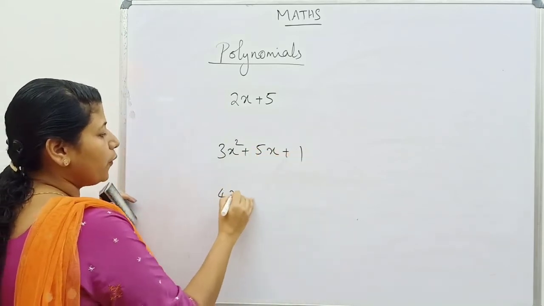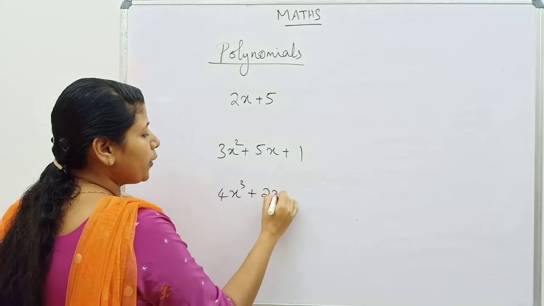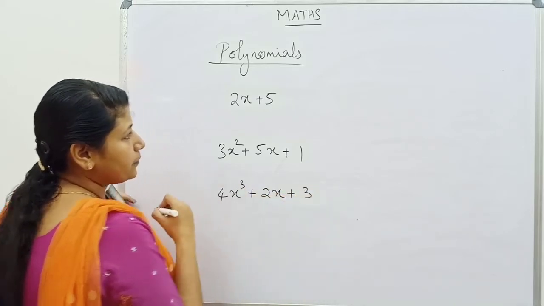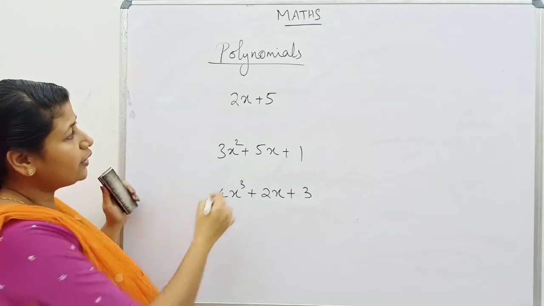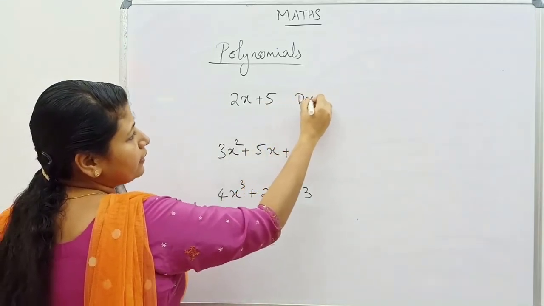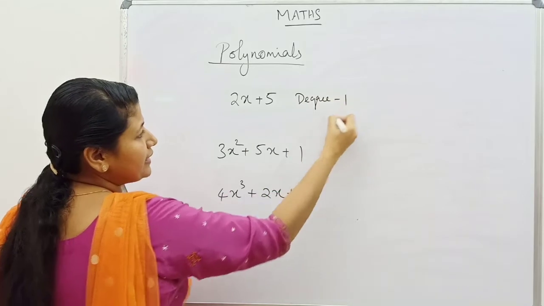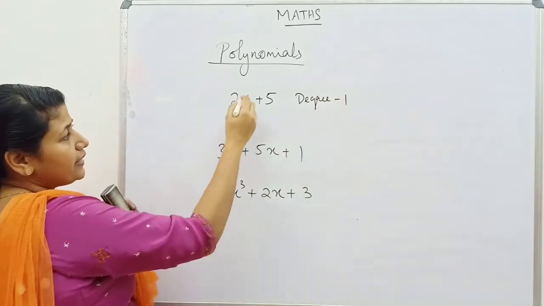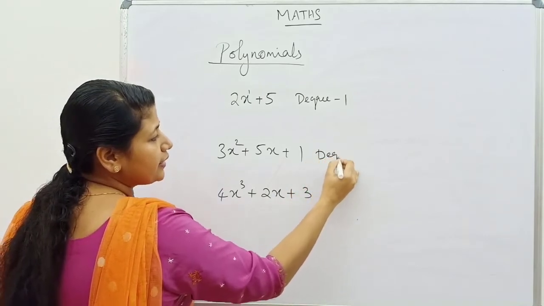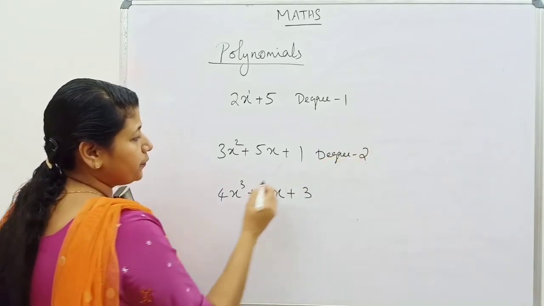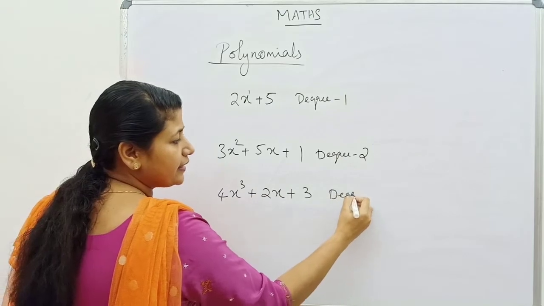Another one, 4x cube plus 2x plus 3. I have written 3 different types of polynomials here. What is the degree of this polynomial? The degree of this polynomial is 1. Am I right? Here the highest power is 1. What about this? The degree is 2. Here the degree is 3.